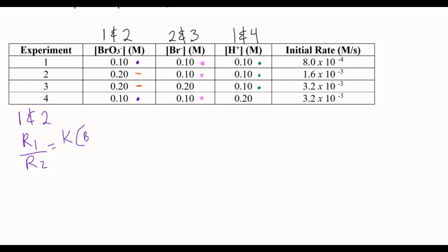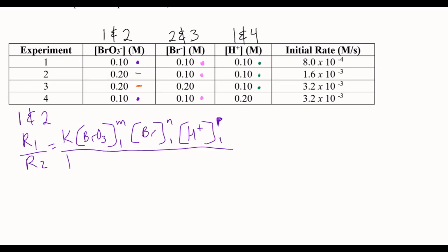So still K, and then we have our first thing to the M power, our second one BR to the N power, and now we're going to have a third one, and that one we're going to put to the P power. I know O is next in the alphabet, but O kind of looks like a 0, so we just go with P because that's a more distinctive letter. Okay, so that's the first reaction, and we're going to put that over the second reaction.